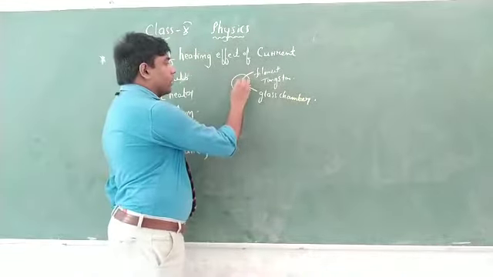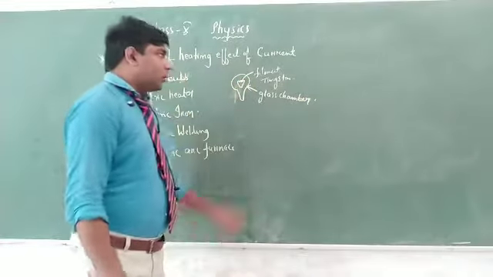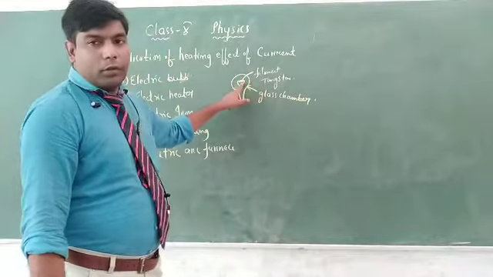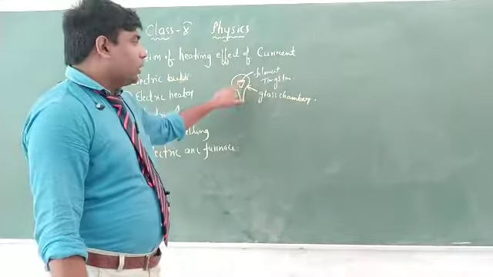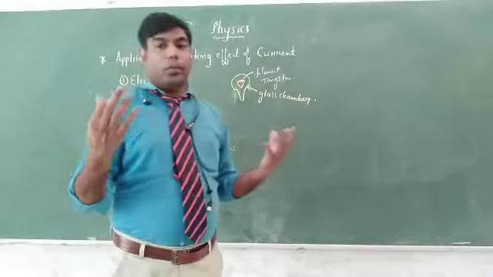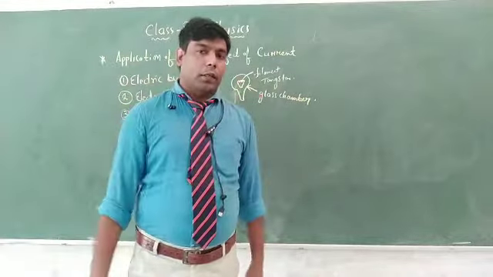When electric current passes through this filament, that is tungsten, heat will be produced, and due to this heat, tungsten will glow. Thus we get the light.